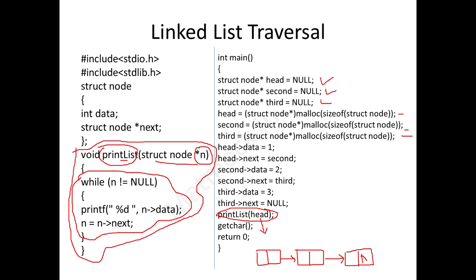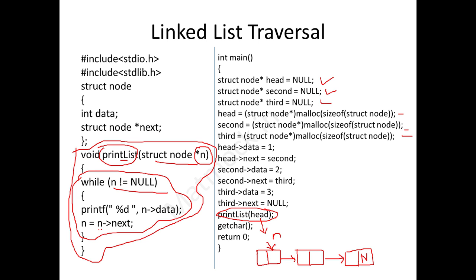Third node contains null, and now n is pointing to this first node. First we will check whether n is not equal to null. We know that n is pointing to the first node, hence it is not null, so we will come inside the while loop and print the data.